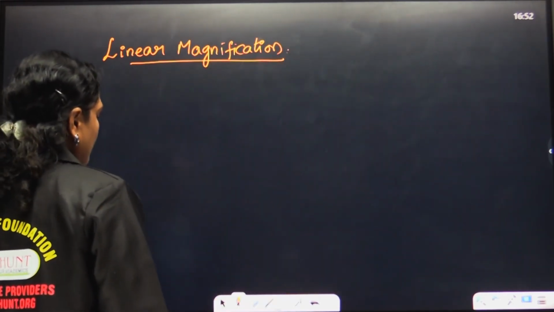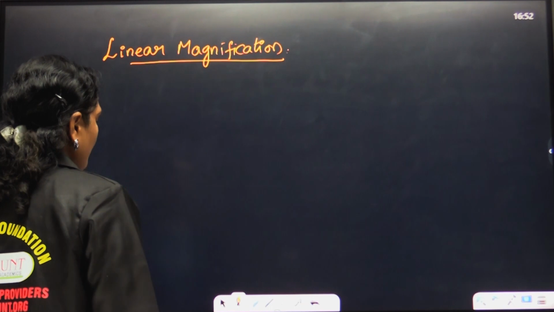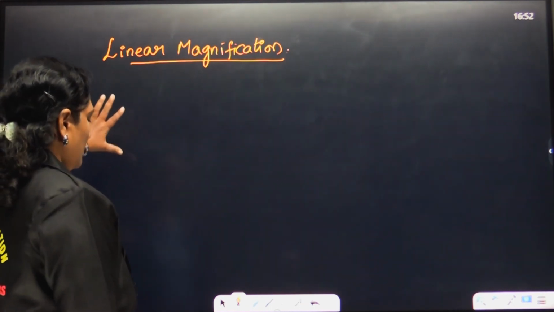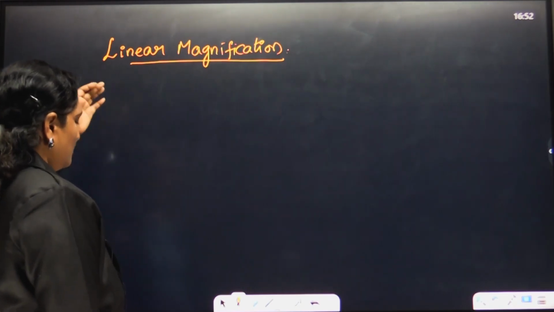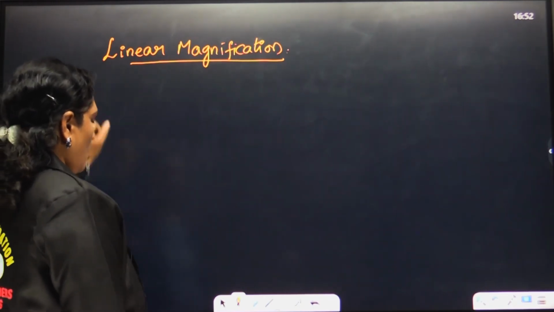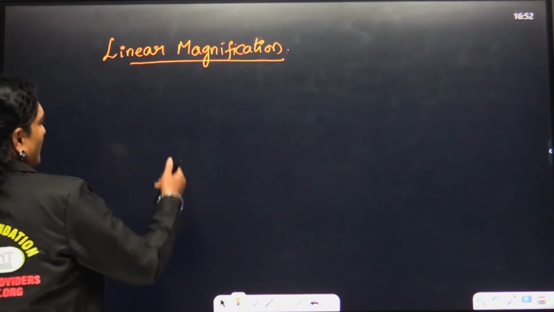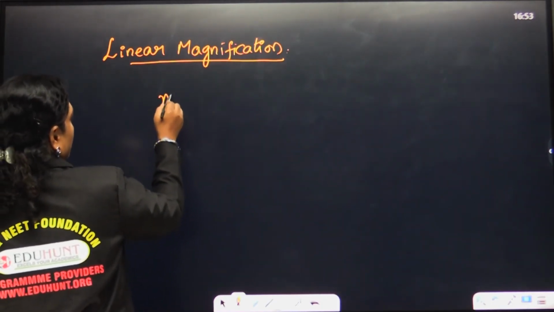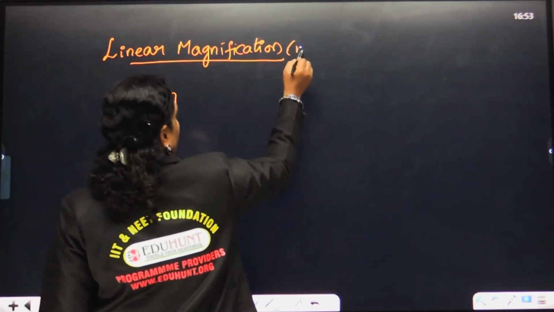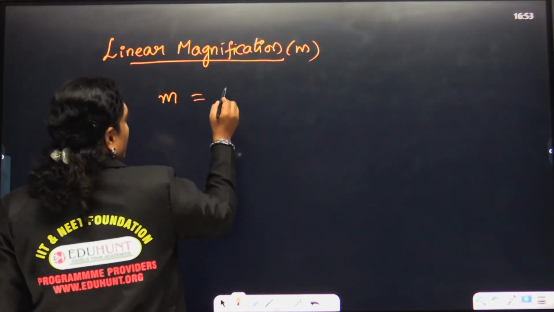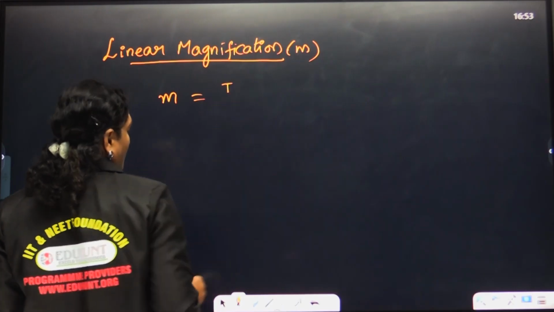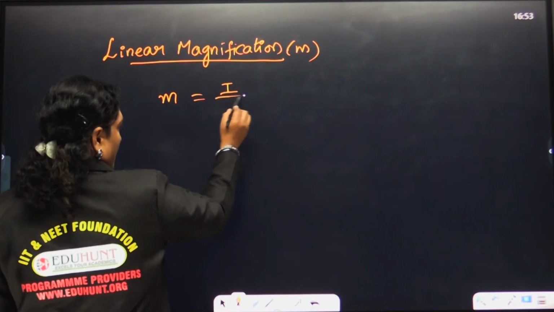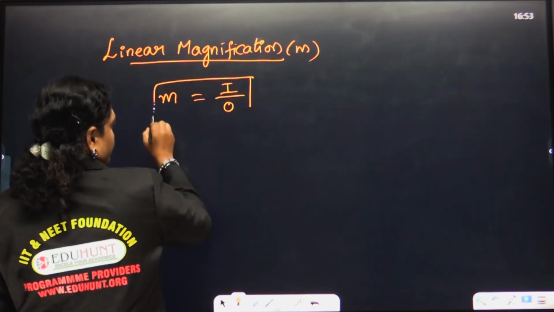It is generally indicated with the letter M. How is it defined? It is defined as the ratio of the size of the image to the size of the object. Whenever a light ray is reflected from a mirror, linear magnification, indicated with the letter M, is defined as the ratio of the size of the image to the size of the object.